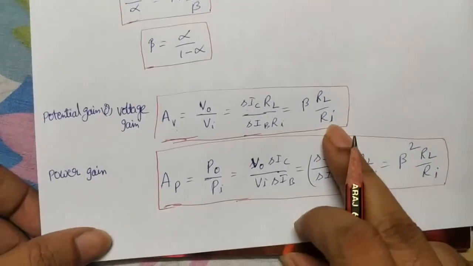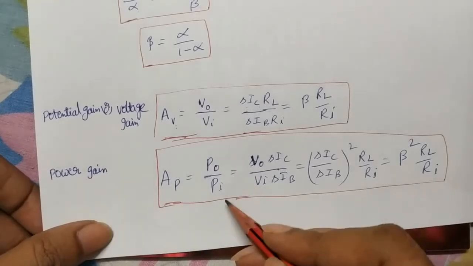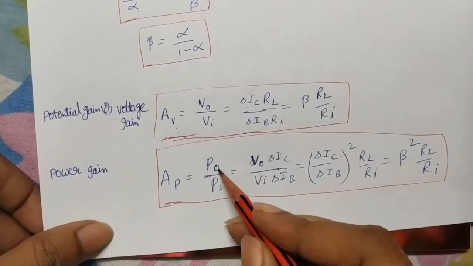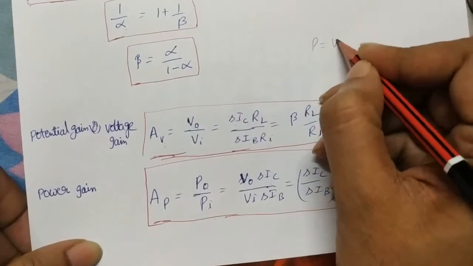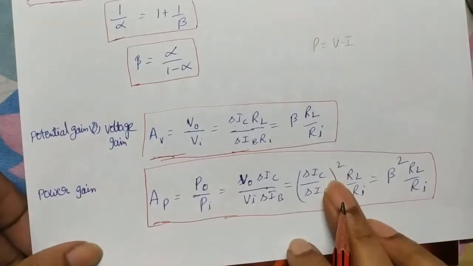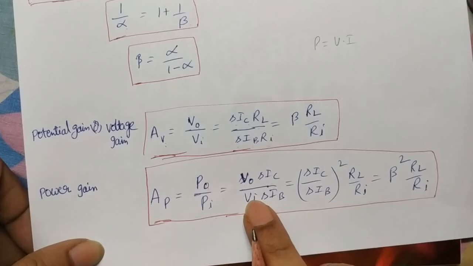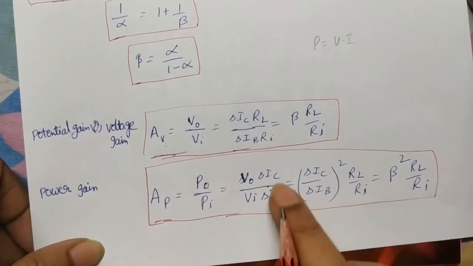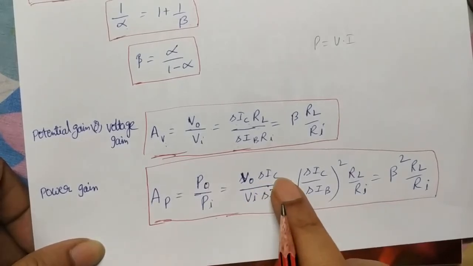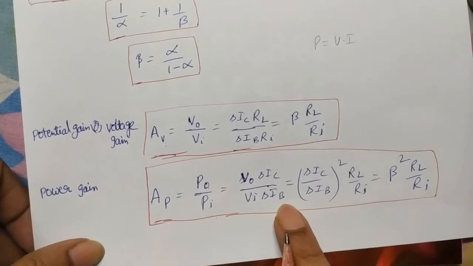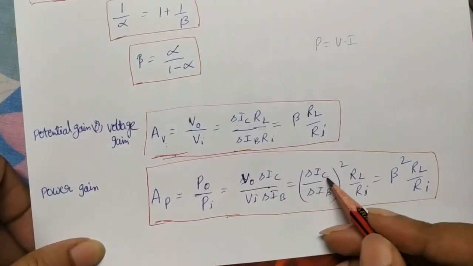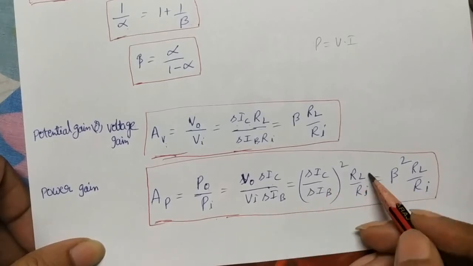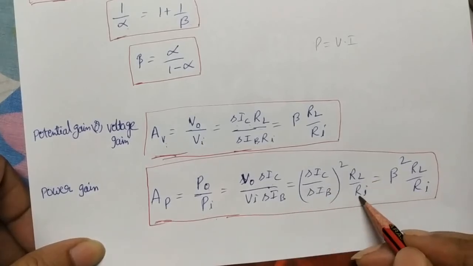Now we'll say about power gain. What is power gain? Output power by input power. How can you write power? Potential into current. Power is equal to VI. So here V output by V input into I output by I input, nothing but change in collector current by change in base current. We already calculated what is V out by V in, that is delta IC into RL by delta IB into RI.